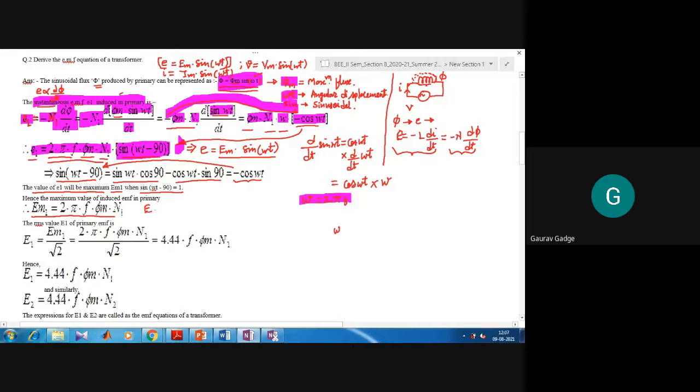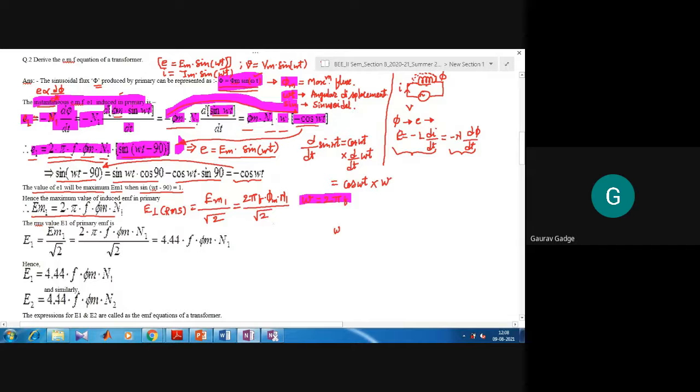E1 RMS is equal to Em1 upon root 2. Now what is the value of Em1? Em1 is equal to twice pi f into phi m into n1 upon root 2.